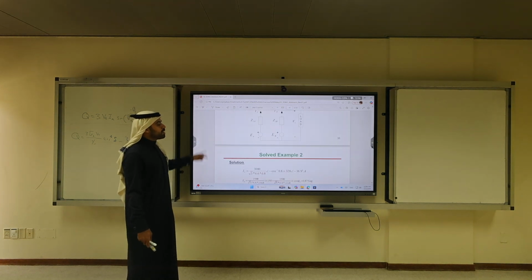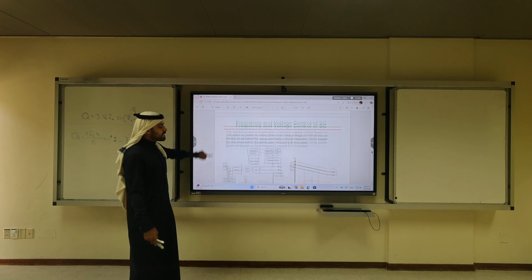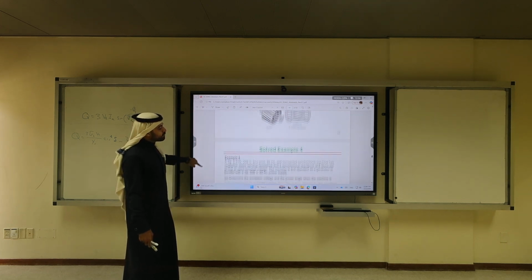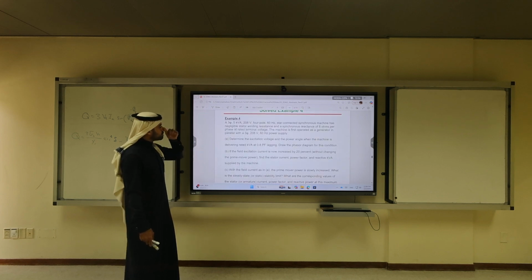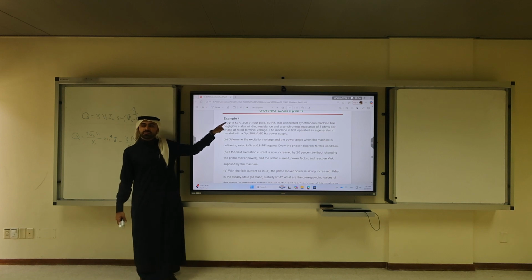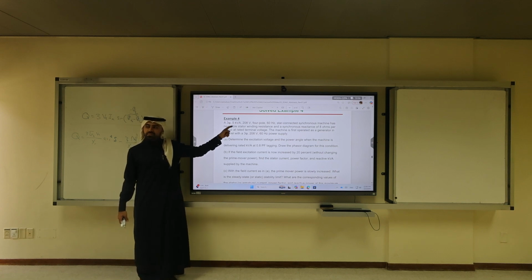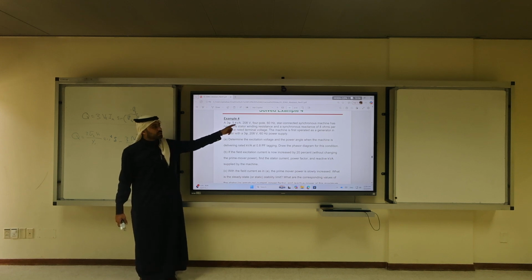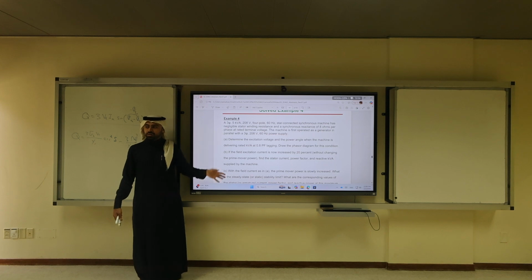Now, in the fifth example, can you tell me about the ratings of the machine in example 4? Is it a big machine or small machine? Small. Is it a generation facility machine or a local building machine? Local. This is because it's 200 volt, a local generator, 5 kVA, that's not much. So, can we operate this machine as a motor? Yes. Why?